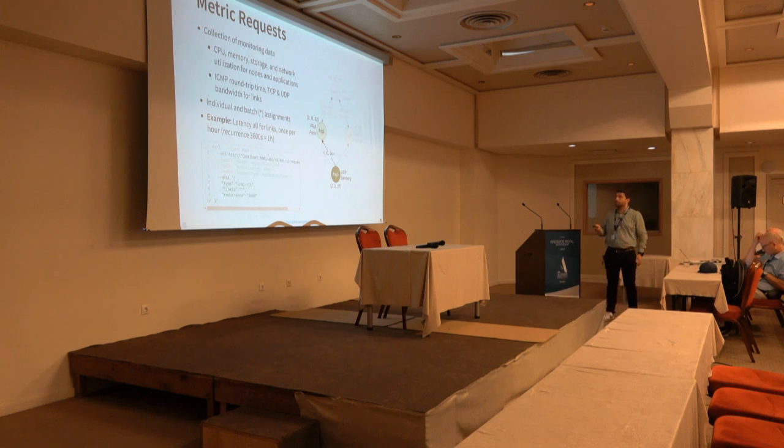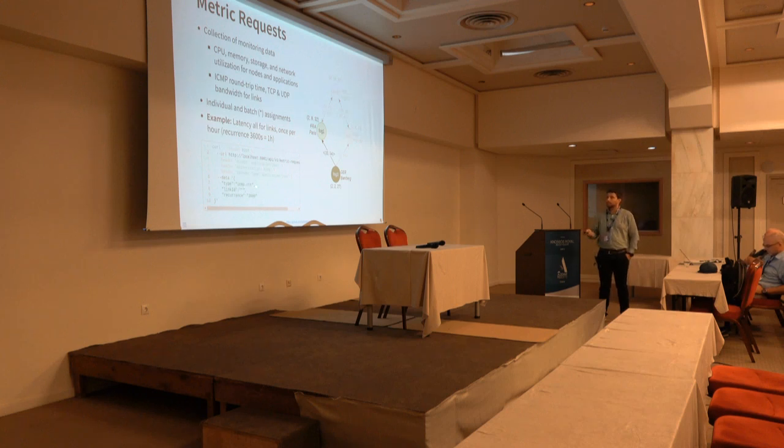So for example, you would like to have a specific metric for one single entity, or you just want the same metric for all the entities. If you think of larger topologies consisting of tens or hundreds of nodes, it might be really convenient to just go for the batch assignments to get the desired value for all the entities in your topology.